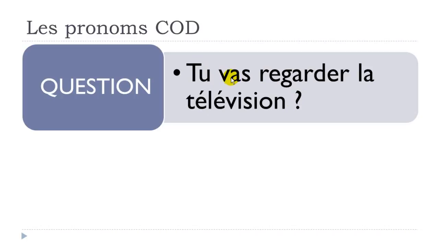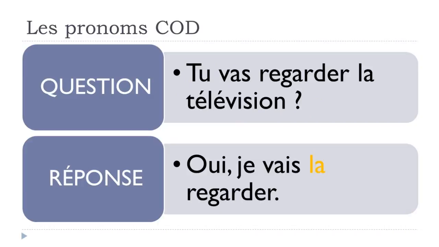And then here, if you look carefully, you've got two verbs. And that's the important thing here. If you have a structure with two verbs, and then you want to use a pronoun, this pronoun will always come before the second verb.